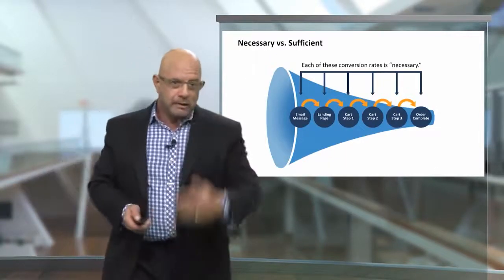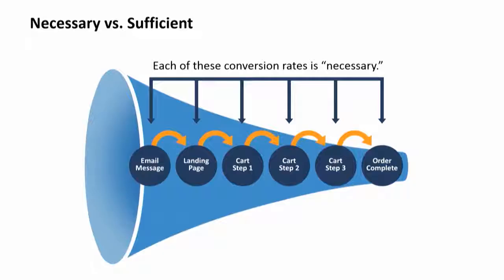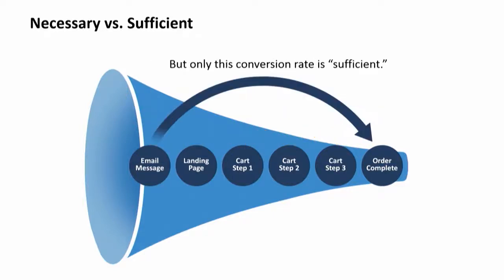Now, you can see an example of what I mean when you look at this cart. Let's suppose that all those initial steps are very, very important. They're necessary, but until the order is complete, they're not a customer. That final step is where the ultimate conversion takes place. And we might liken this, by the way, and something we're going to talk about later, to the difference between the micro yeses and the macro yes. We won't discuss it in today's class, but it's coming.